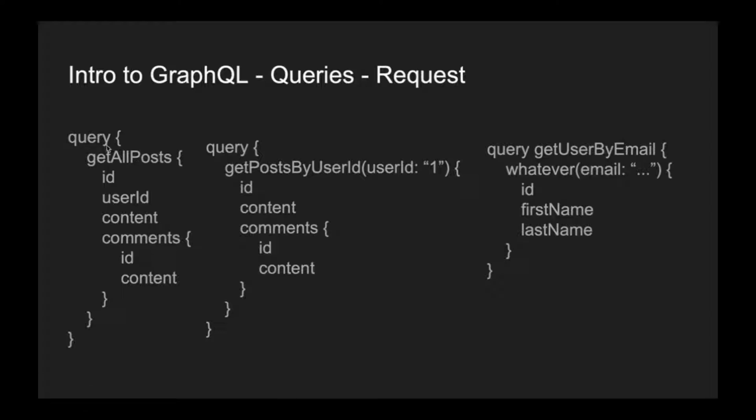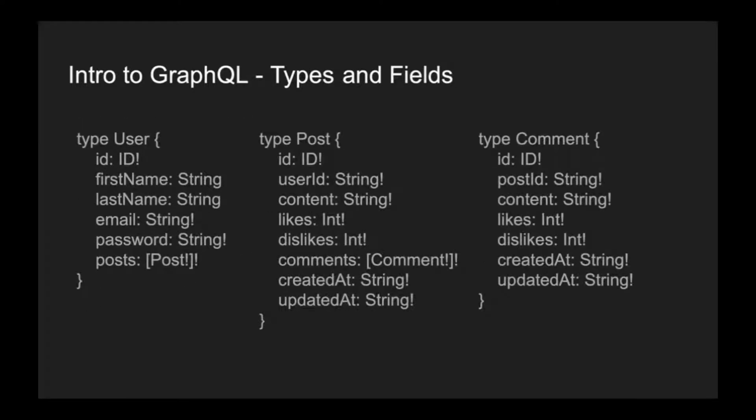If you look closely, these are all fields that exist on a post. And what's cool is that, like I was trying to mention earlier, if you have nested types, then I can also get all of the fields on a comment here. So if we go back, as a reminder, these are all the different fields we could get for a post.